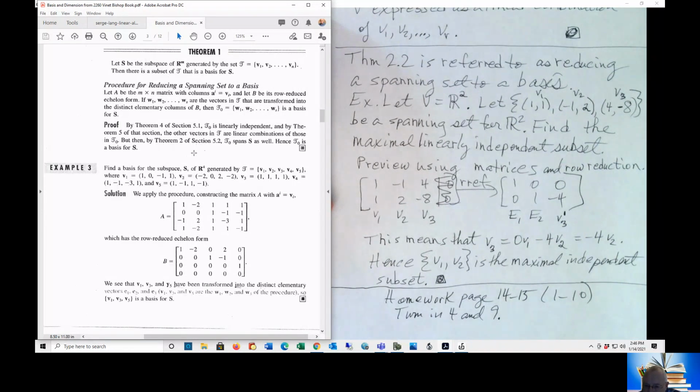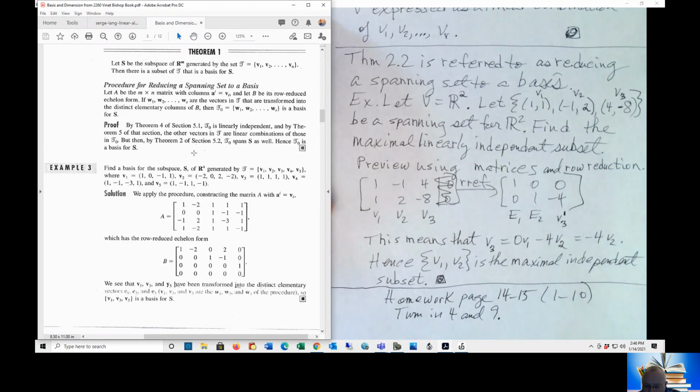Take those three vectors that were given, form the matrix whose columns are those vectors. Columns, not rows. The first column is the vector (1, 1). The second column is the vector (-1, 2). The third column is the vector (4, -8), okay?